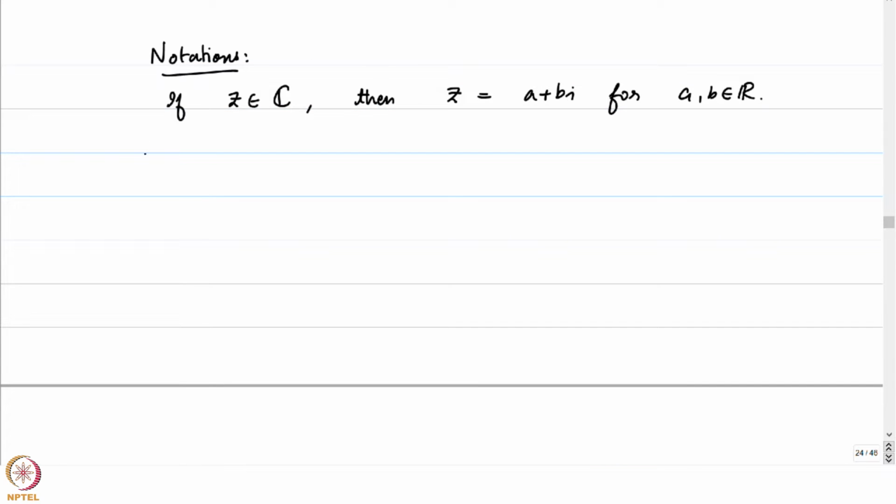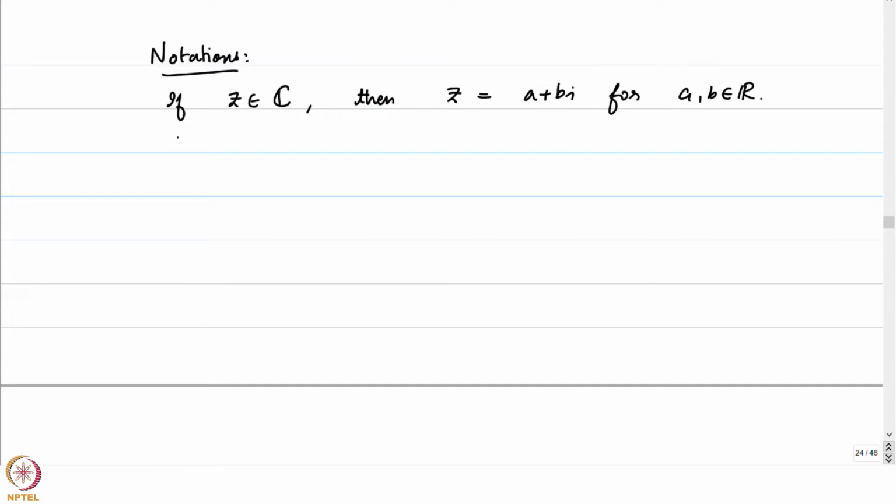So in this course, if z is a complex number, then z is equal to a plus bi for a, b in R. This is the expression for the complex numbers that we will be using. What is a and b?